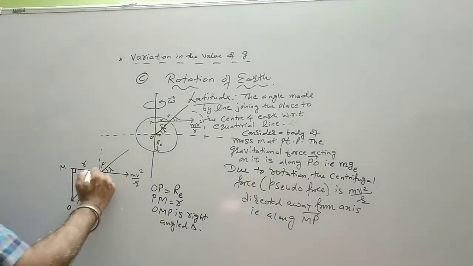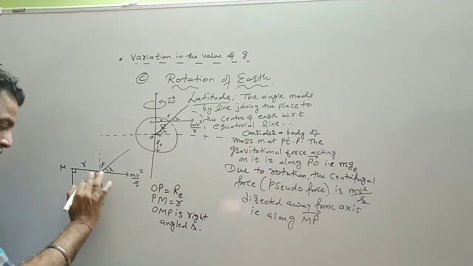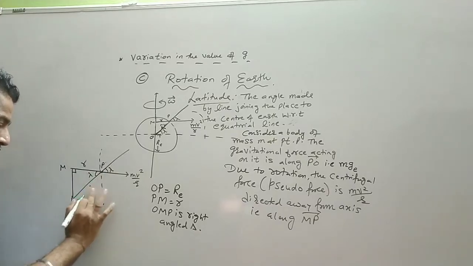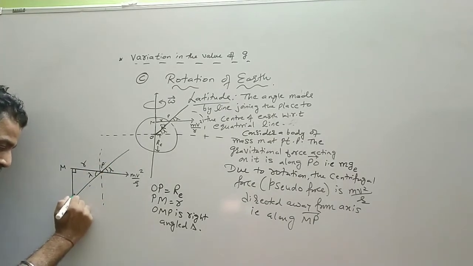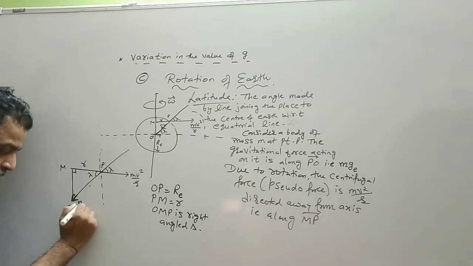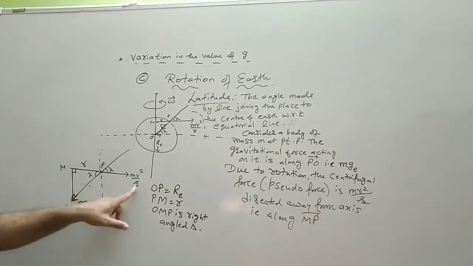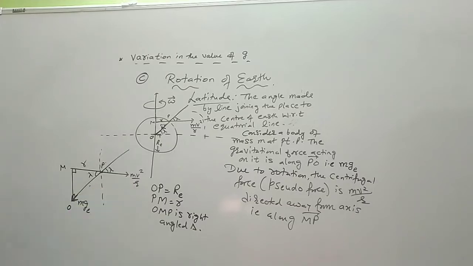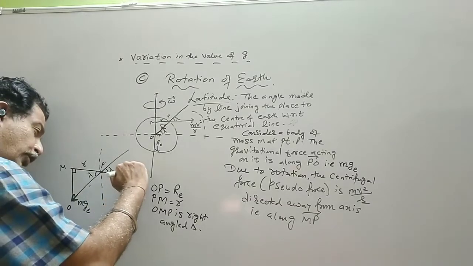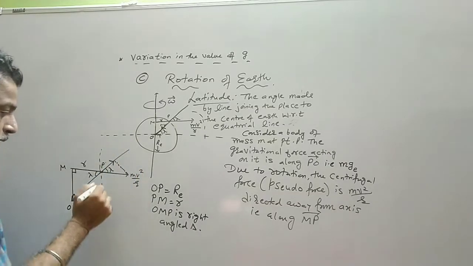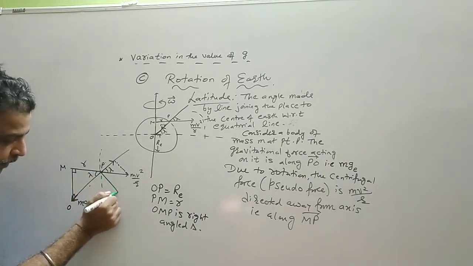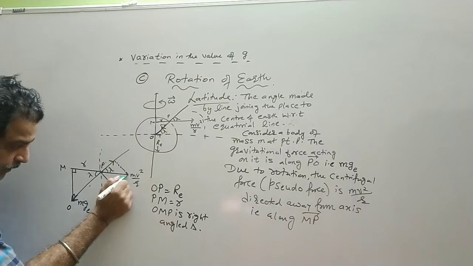Now this is lambda. This is the radius and the force is towards the center. So this is the mge. Now the centrifugal force can be resolved into two components. One of these components is this and the other component is this.